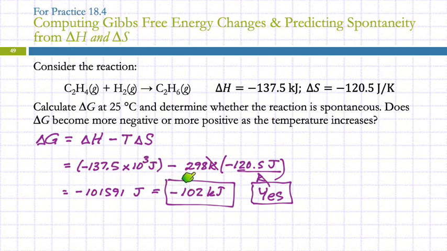It's going to get more positive because we're subtracting a negative number. So the bigger this gets, the more positive delta G becomes. Delta G is more positive at high temperatures.